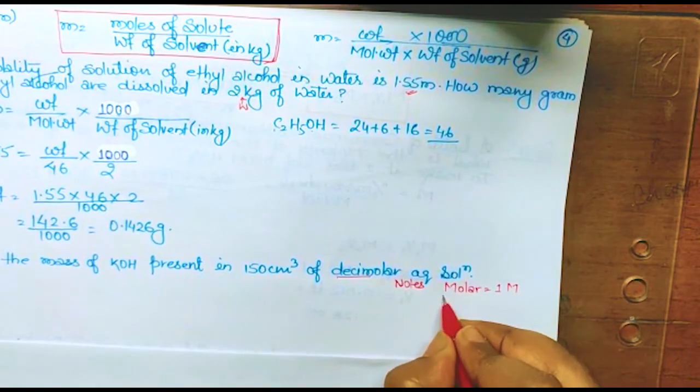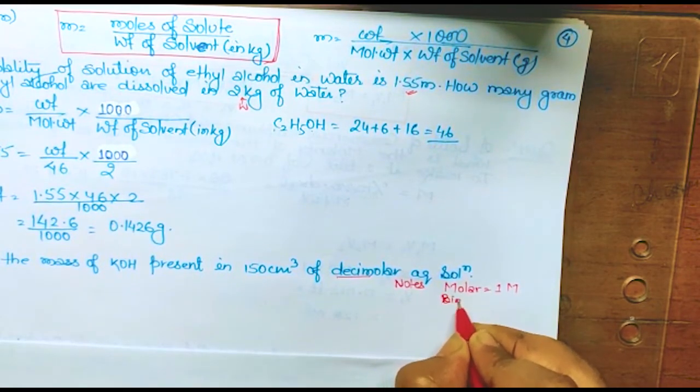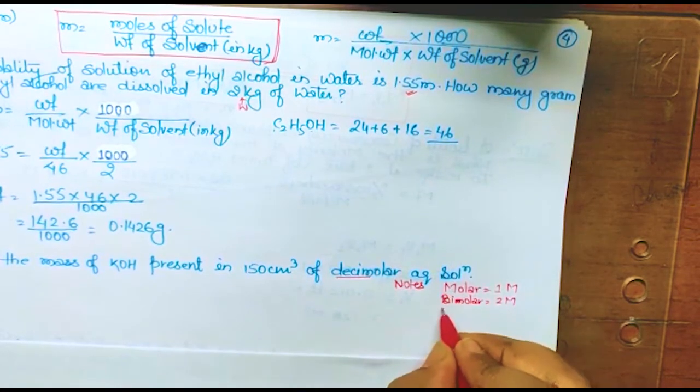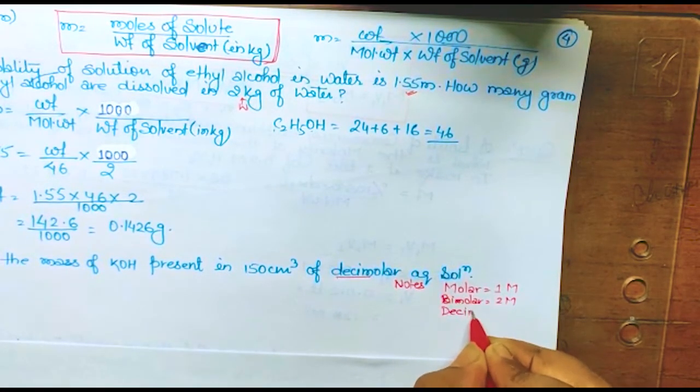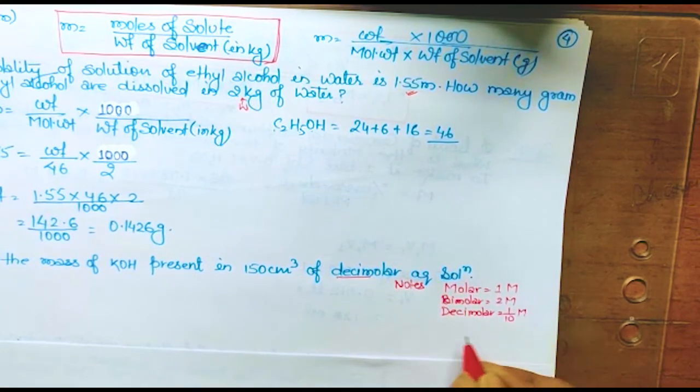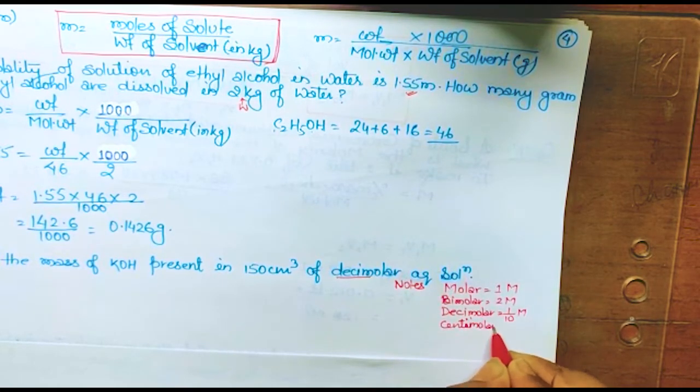Like bimolar, that means molarity is 2 M. Like decimolar, the molarity is 1 by 10 M. Like centimolar, that means 1 by 100 M.